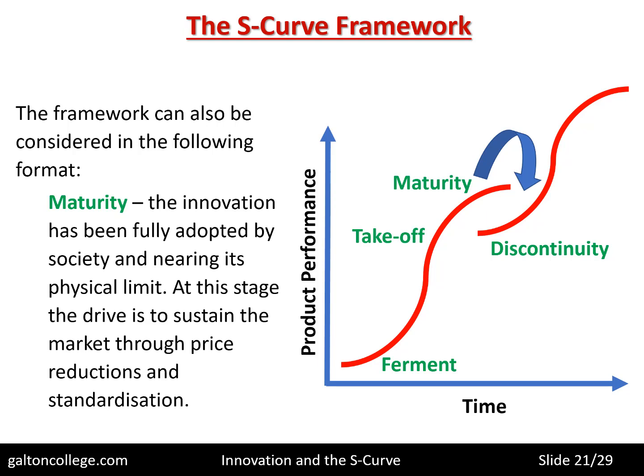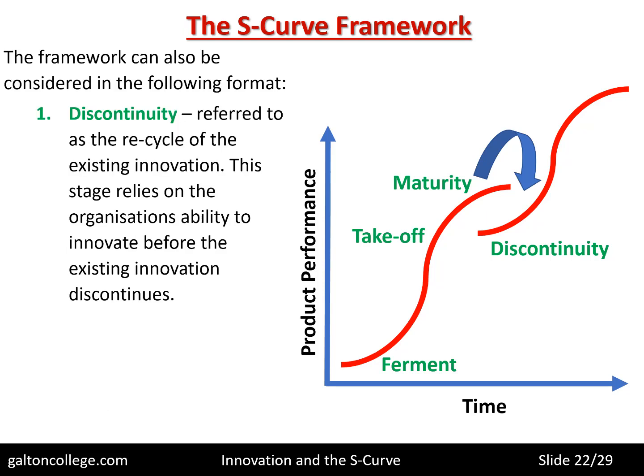And that's what we've got here on the diagram, the jumping from the left S-curve to the right one. The discontinuity referred to as the recycle of the existing innovation. This stage relies on the organization's ability to innovate before the existing innovation discontinues.